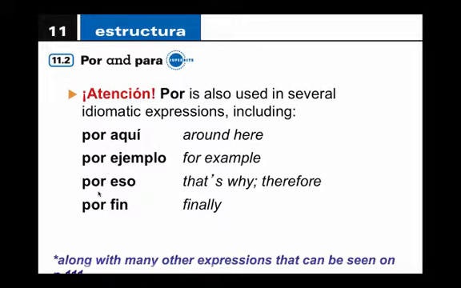Por eso. This is referring to that's why. So if I say I'm hungry, that's why I go to McDonald's: Tengo hambre. Por eso voy a McDonald's. Por fin. This is saying finally. So, finally you're here. Por fin estás aquí. And again, we have a couple other idiomatic expressions on page 111 of Mosaicos.